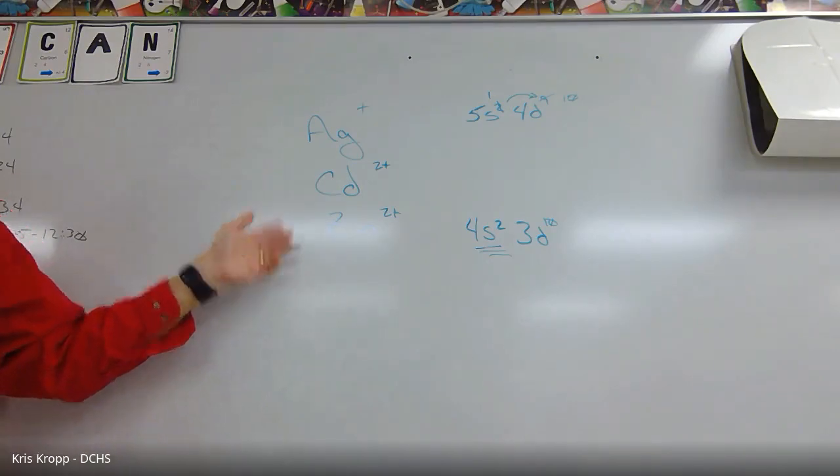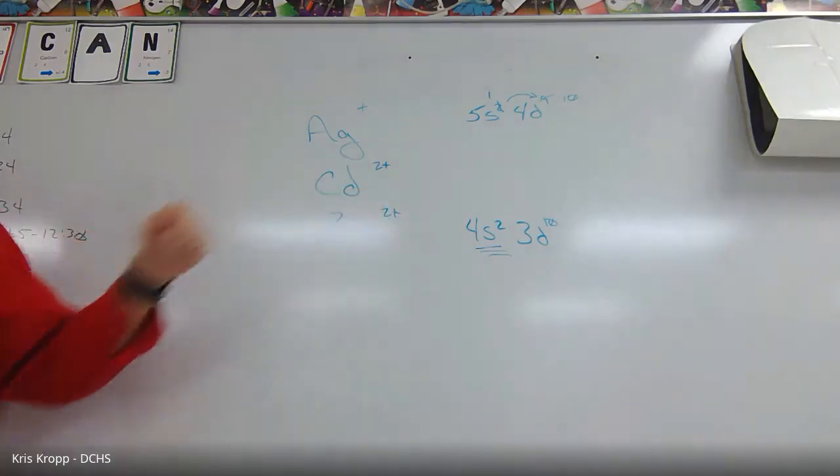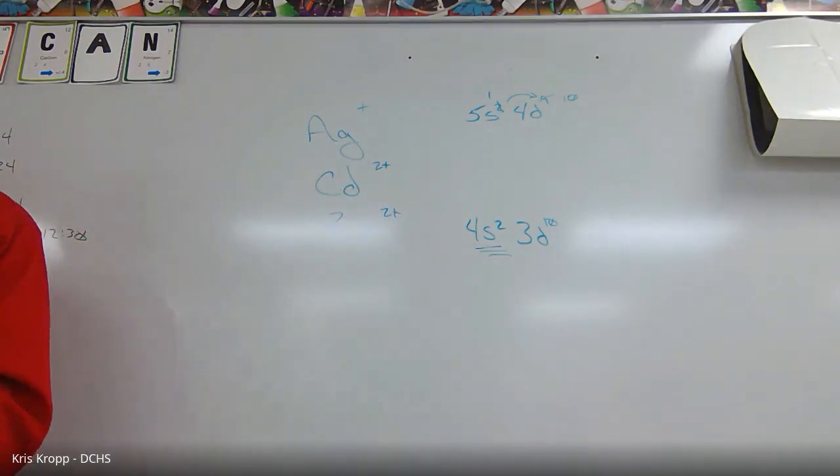Memorize their charges. Silver's always +1, zinc and cadmium are always +2. It's important that you do that because you cannot write a Roman numeral, nor will I ever give you a Roman numeral. You just have to know its charge, okay? So memorize these 3 elements.